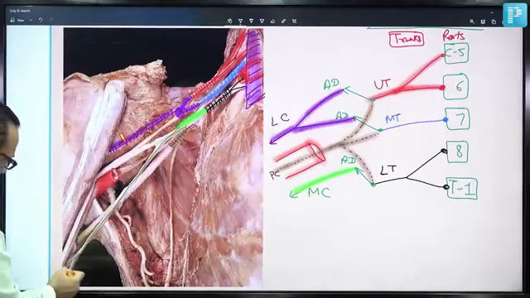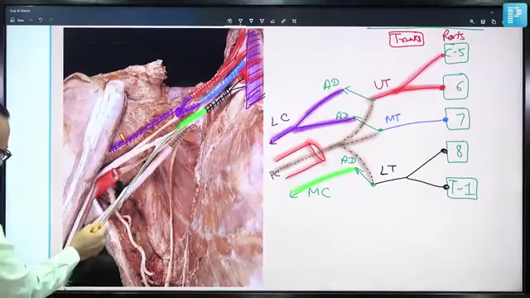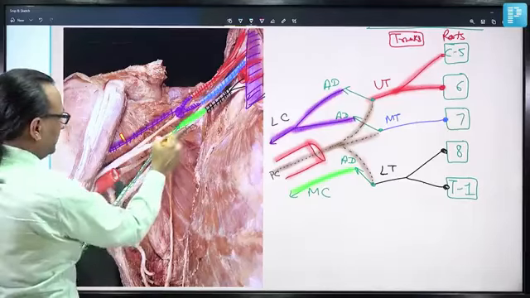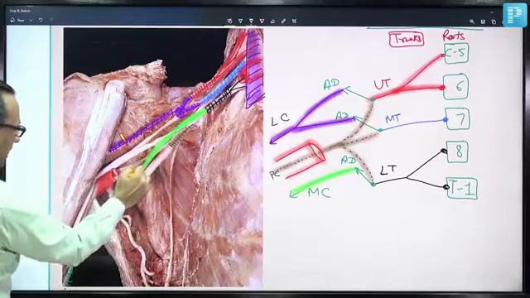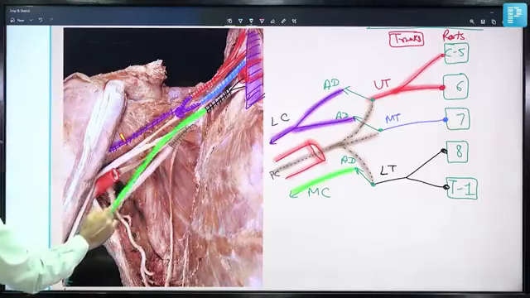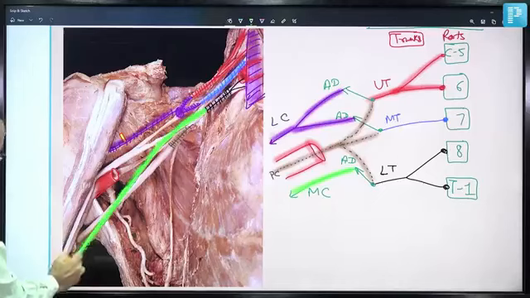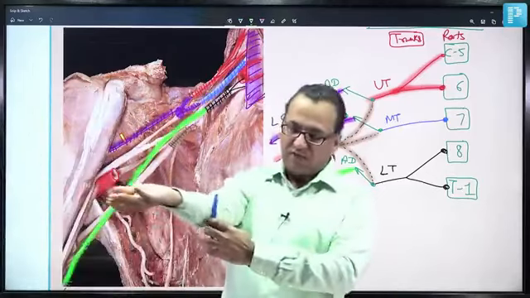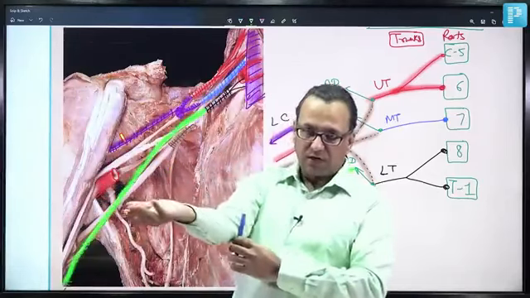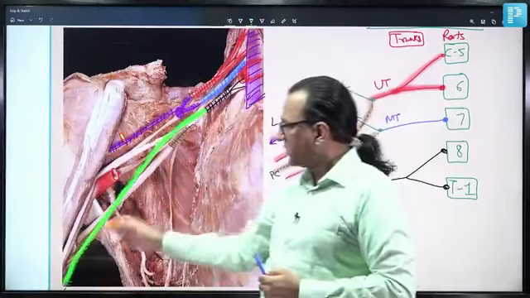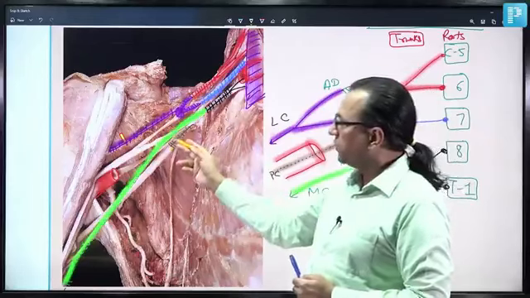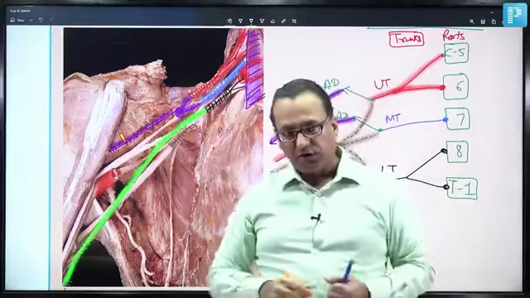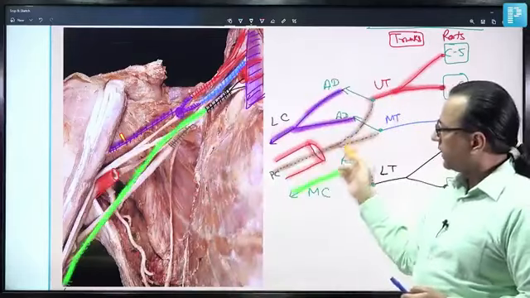How do you know this is the ulnar nerve here? Because if you follow this nerve, you will see downward it is going on the medial aspect of the arm and forearm, and on the medial aspect of the forearm you will have the ulna bone, hence ulnar nerve. So you are telling the ulnar nerve is the continuation of the medial cord, and the musculocutaneous nerve is the continuation of the lateral cord. What is the continuation of the posterior cord of brachial plexus?